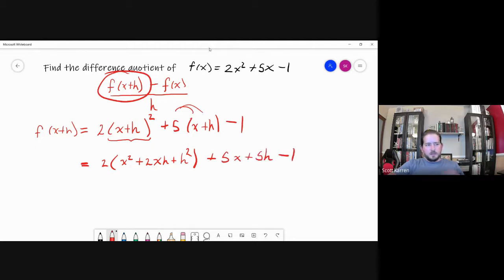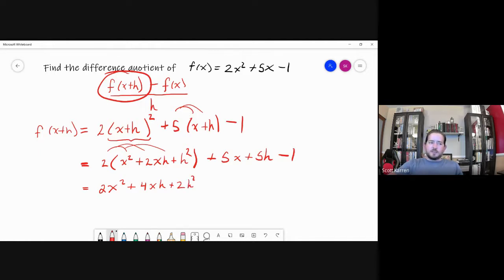And then minus 1. And then in this 2, I'm just going to distribute the 2 through these. So this is 2x squared plus 4xh, because I'm multiplying by 2. And then plus 2h squared.